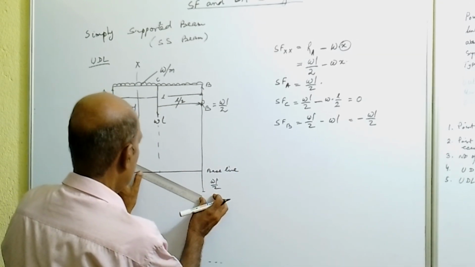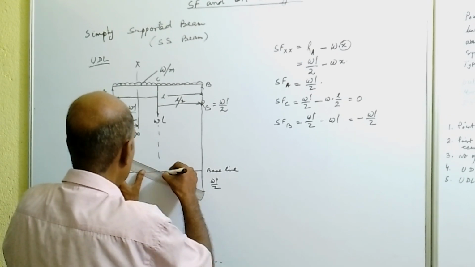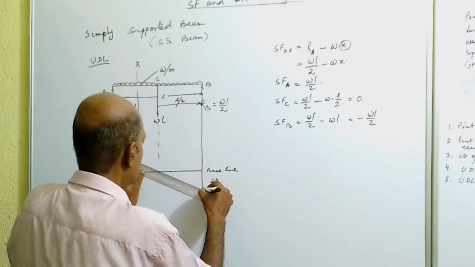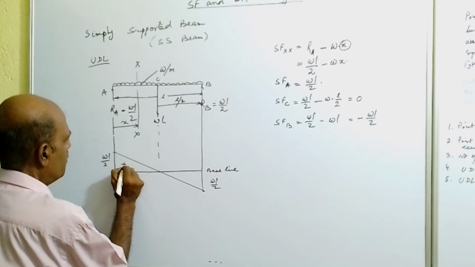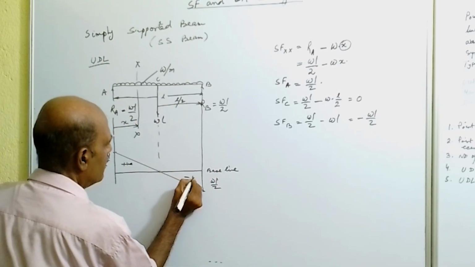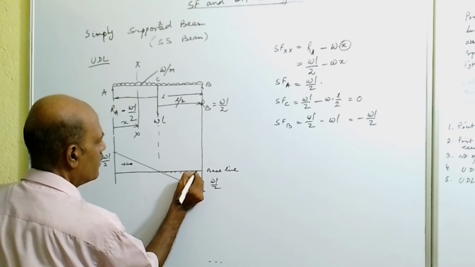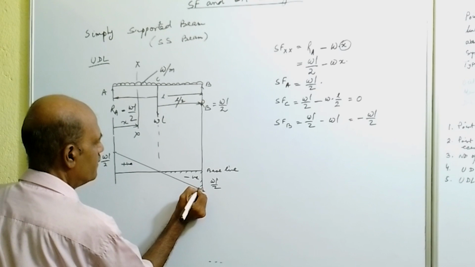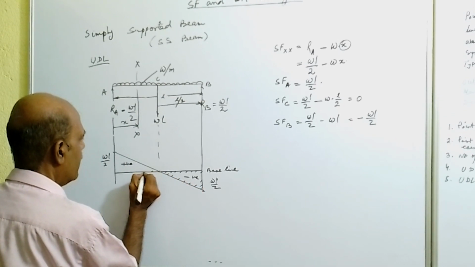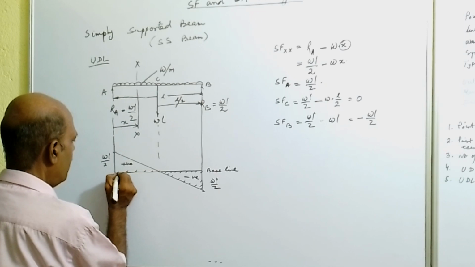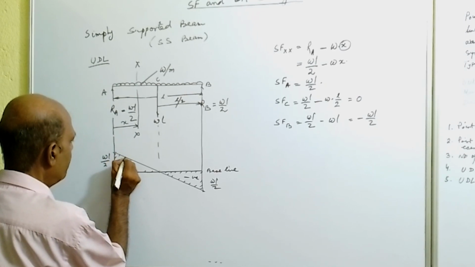Now join these 2 points. So it will give the shear force diagram for the beam. So that is positive and this is negative. Put the hatching lines. So this is the shear force diagram for the beam under UDL for whole span.